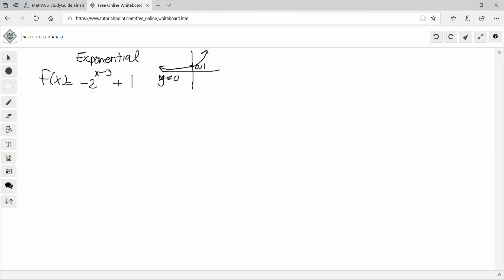Okay, so let's look at our original graph. But the thing is, this negative 2 means there's a reflection on the x-axis. So what I'm going to do is not graph it all at once. I'm going to graph little by little.